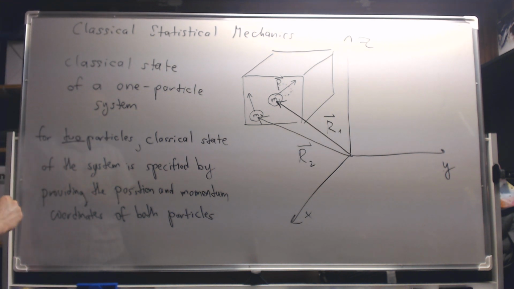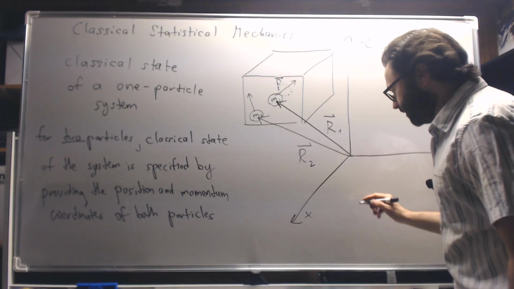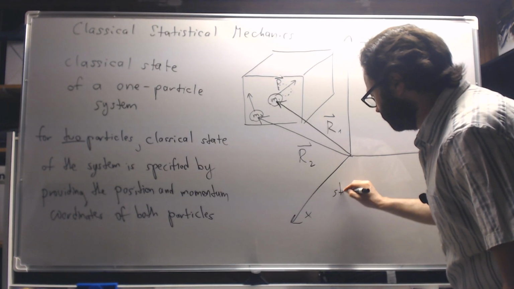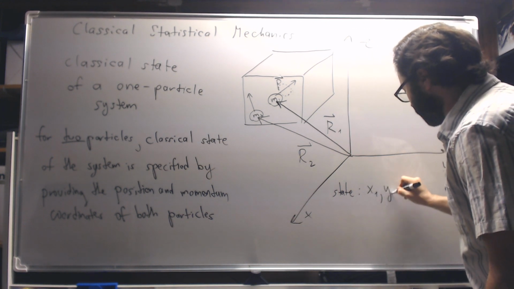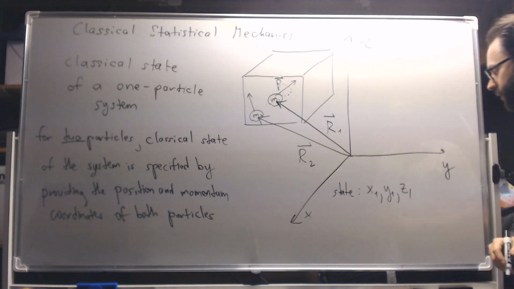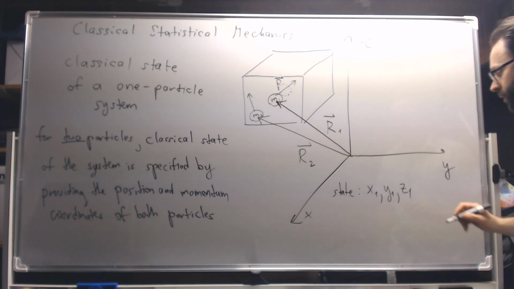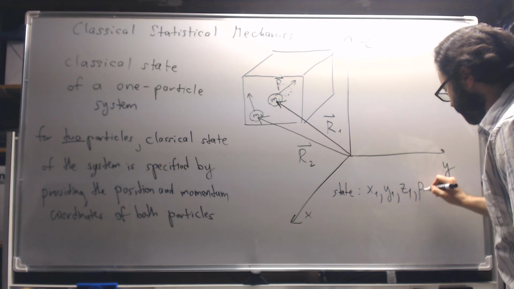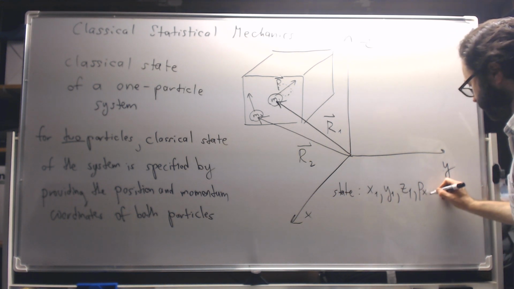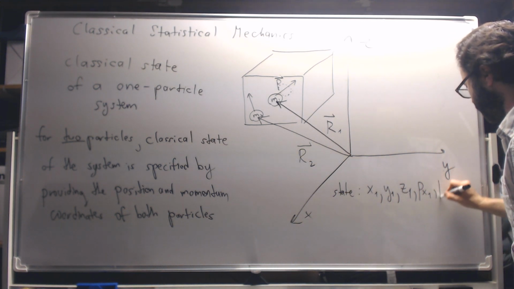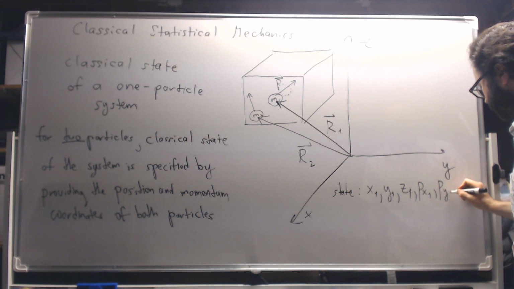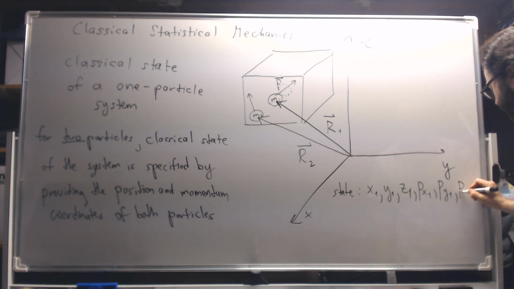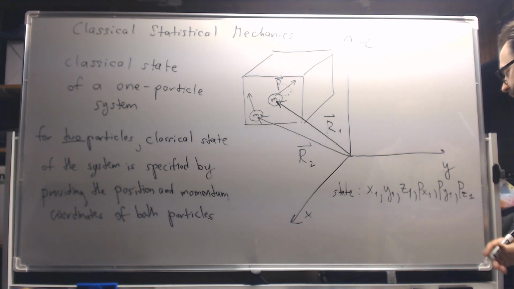For two particles, the classical state is specified by providing 6 numbers for each particle: x1, y1, z1 for the position of particle 1, and the x component of the momentum vector for particle 1, the y component of the momentum vector for particle 1, and the z component of the momentum vector for particle 1. That's for the first particle.